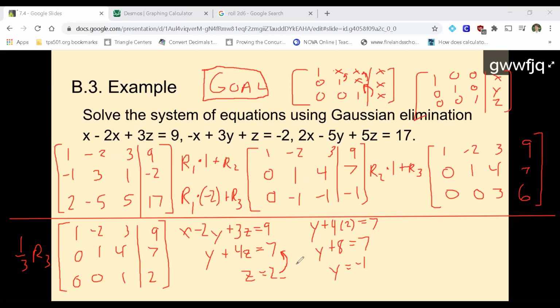If I now plug z and y into this first one, I'll get x minus 2 times negative 1 plus 3 times 2 is equal to 9. Which means x plus 2 plus 6 is 9.